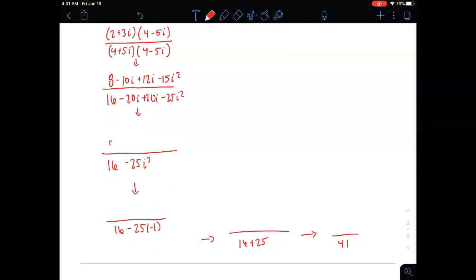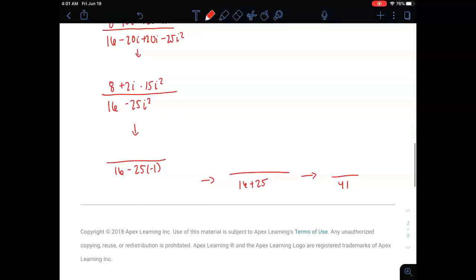All right, I'm going to combine my like terms. 8 plus 2i minus 15i squared. Then I'm going to replace my i squared with a negative 1, 15 times negative 1.